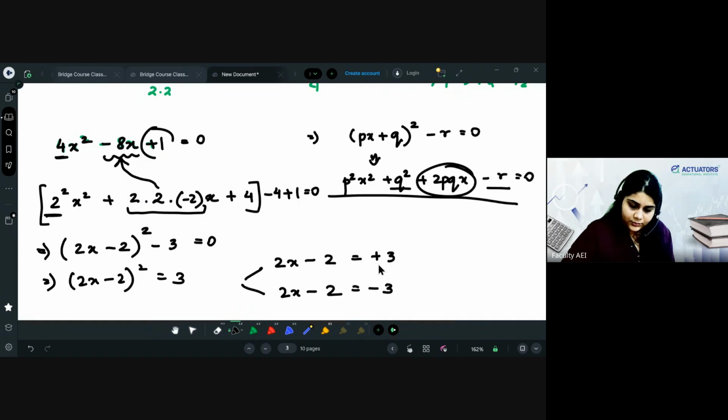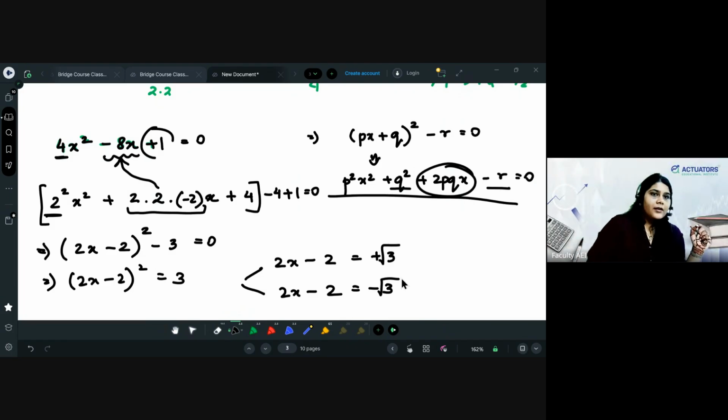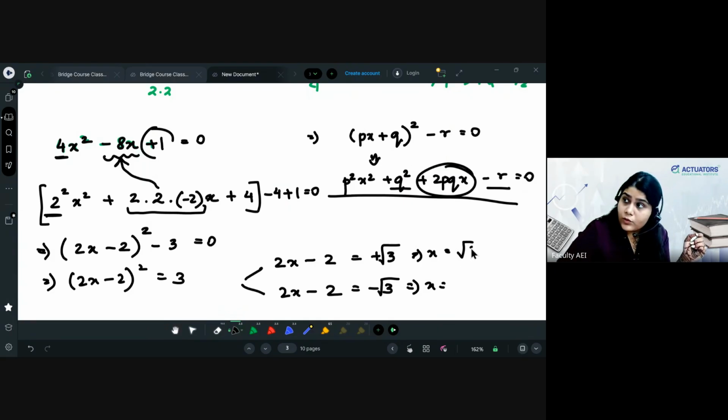Yes, I was putting square over there. Right? Solve for x. What are the values of x coming? √3 plus 2 by 2. So what will that be?